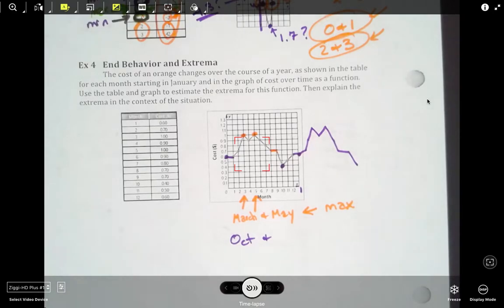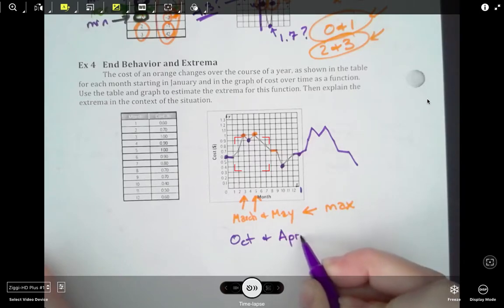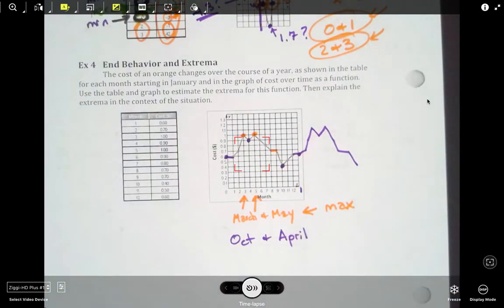No. There's one more in there that's a low point. It's hidden. 8? Nope, 8's not a low point because it stays the same on the right side. It's 4. 4 is a low point technically, right? Just a little low point. So October and April, 4th month, okay?